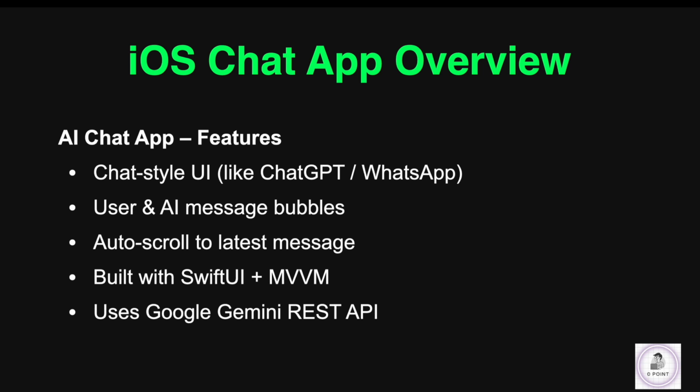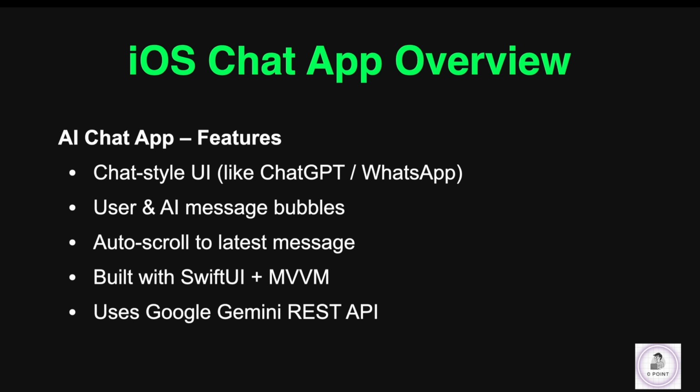Okay, now we will discuss the iOS chat app overview: the application we are going to develop with the help of Gemini, consuming the Gemini APIs in it. This is the first video. In the second video, we will do the live coding and interact with the Gemini web services in our application.